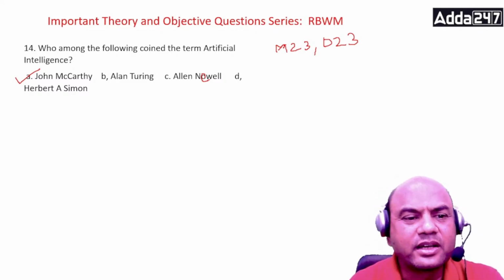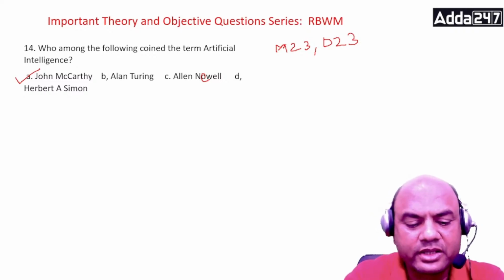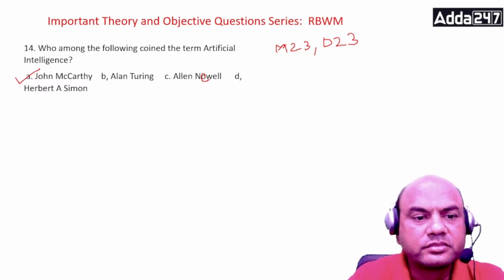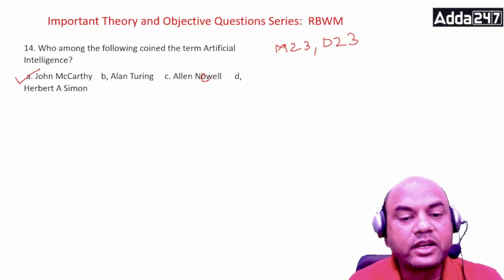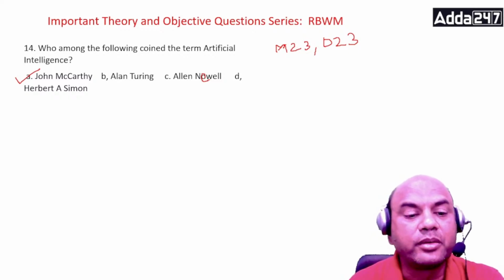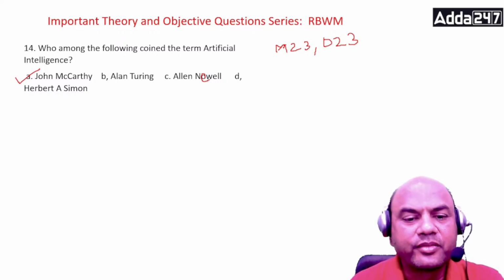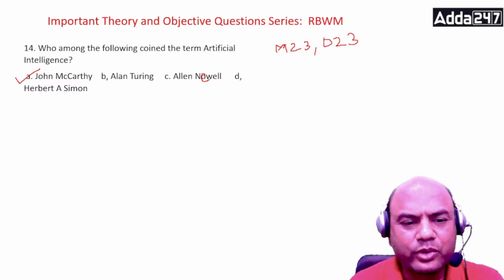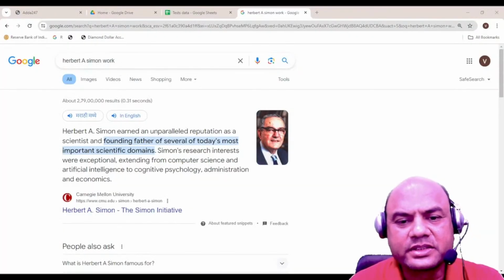And what is this Herbert A. Simon? So many names are there. Father of several of today's most important decision domains. Let me show you, because you might be wondering. Even I don't know, do I learn all these guys? No, right? So see this.